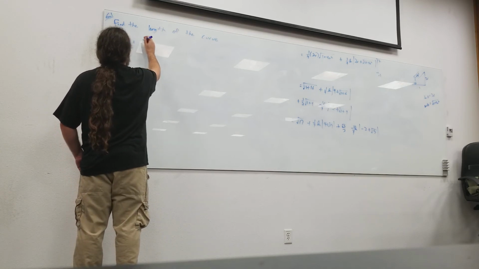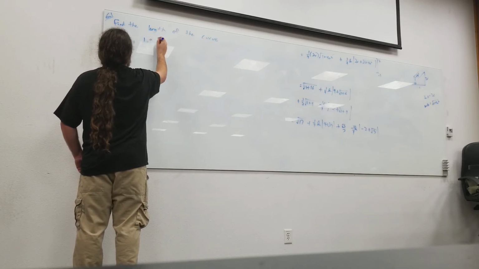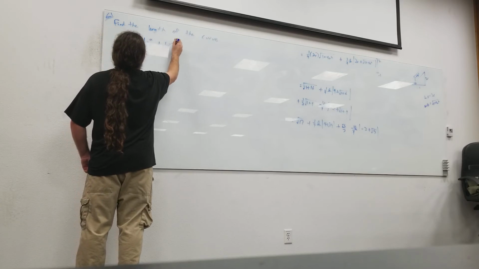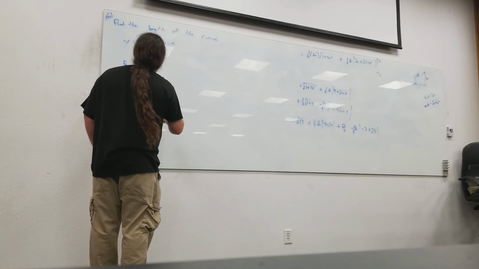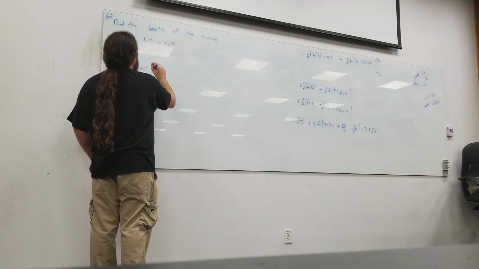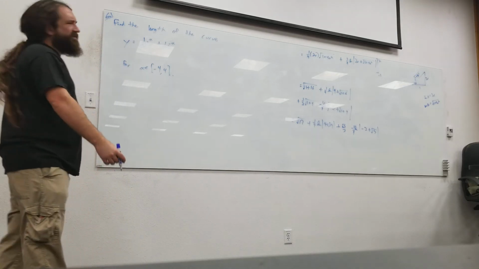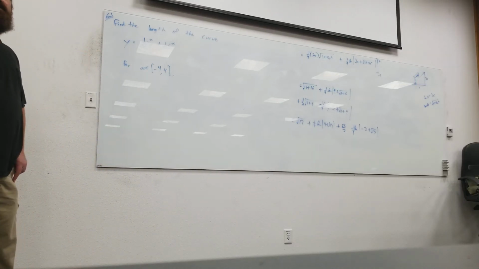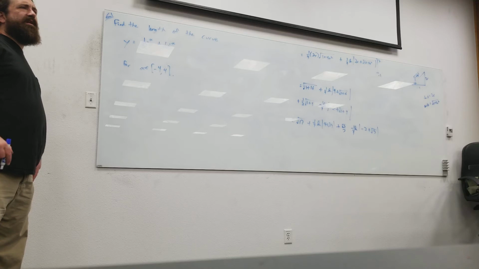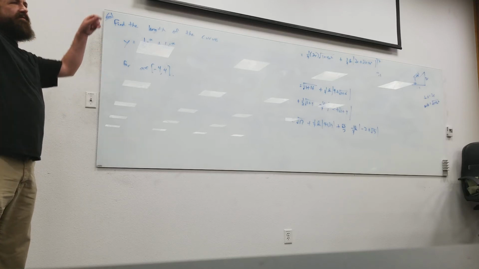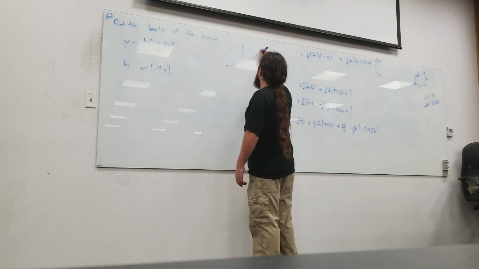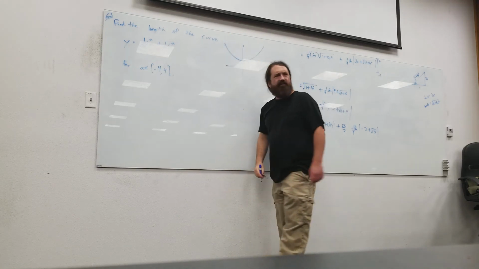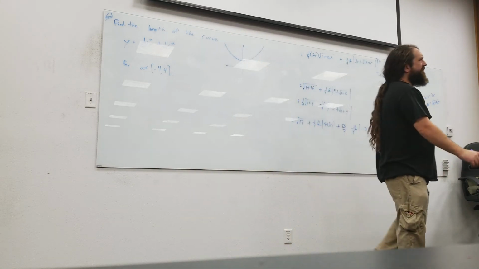I think this is the one. 1/2 e to the x plus 1/2 e to the negative x, for x between, let's say, -4 and 4. Alright, so you know what this function looks like? This is a hyperbolic cosine. I think it looks kind of like a suspension bridge shape. It's symmetric left to right. It's kind of parabola looking, but it's not exactly a parabola.